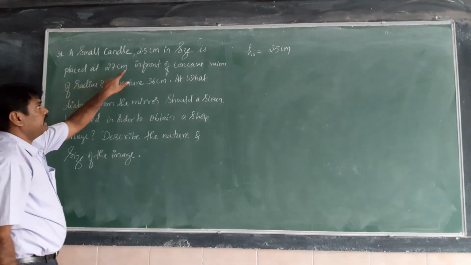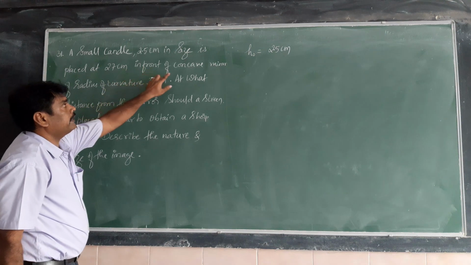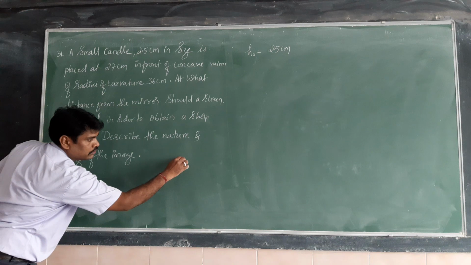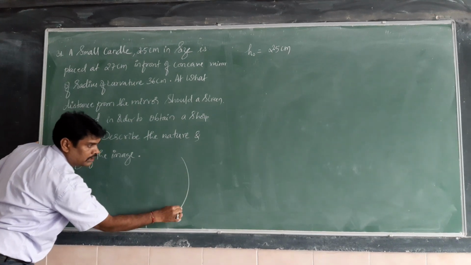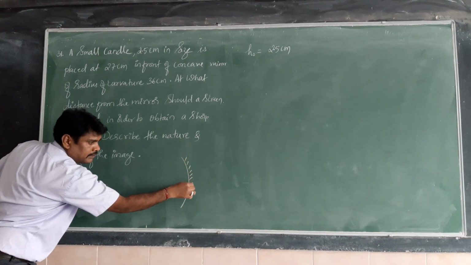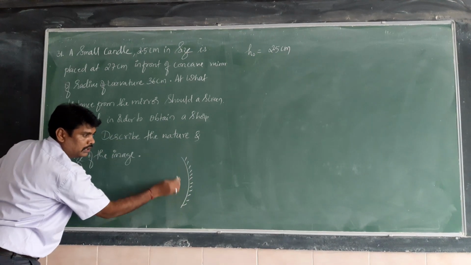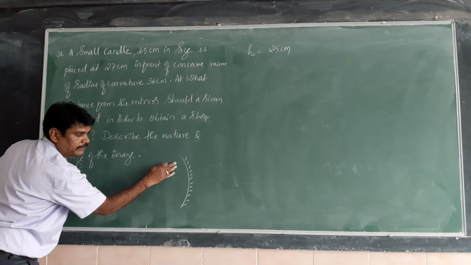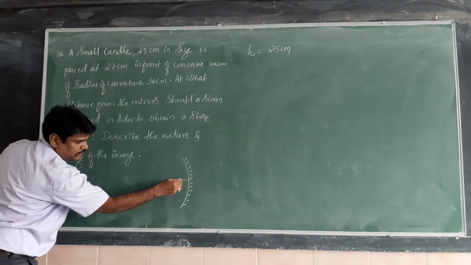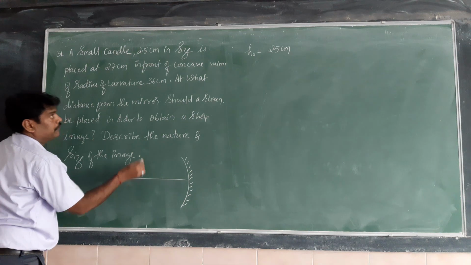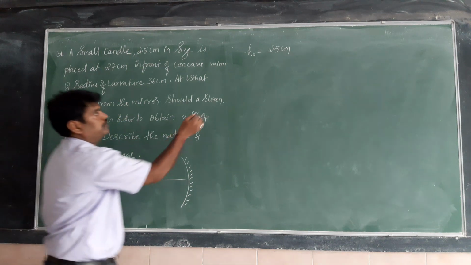Is placed at 27 centimeter in front of a concave mirror. The mirror is concave. So this is the ray diagram. This is the concave surface. If we shade this portion, it is the silvering portion. Now the curved reflecting surface is concave. This is the principal axis. Here, the object is placed at a distance. Object distance is given.